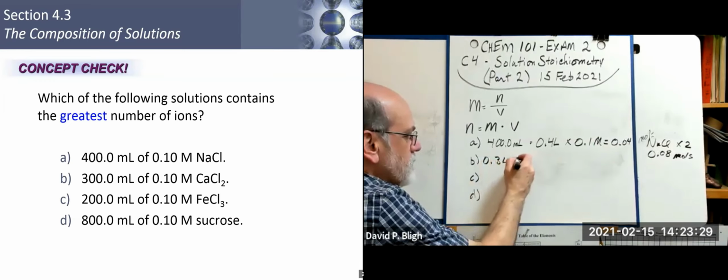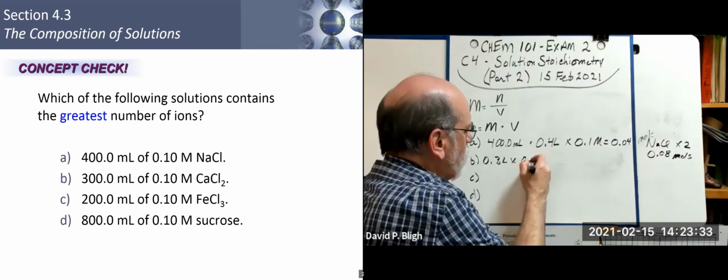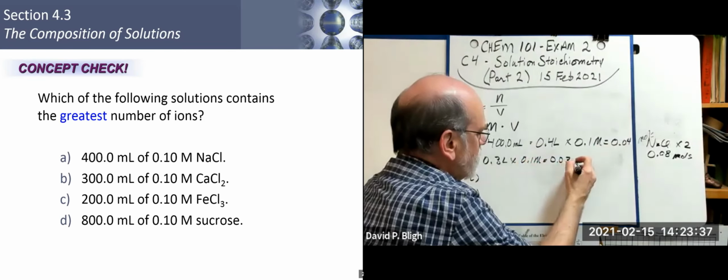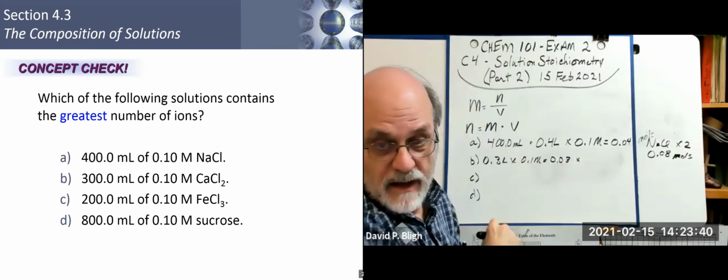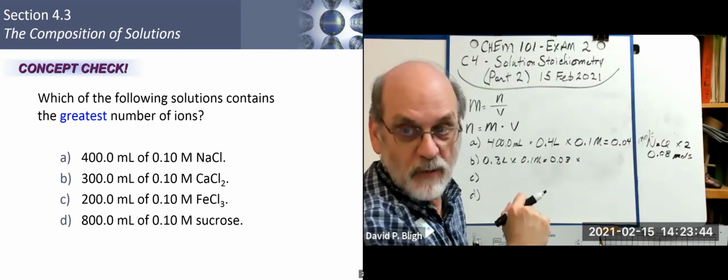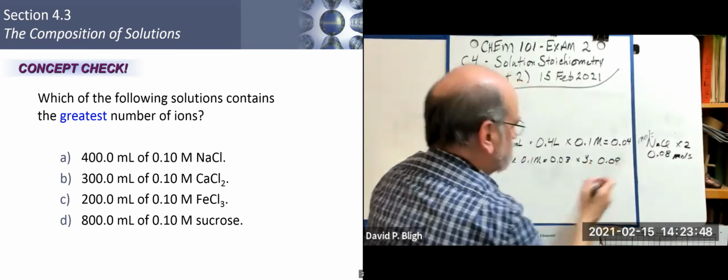0.3 liters times, oh, they're all 0.1 molar. So 0.1 molar, and that's equal to 0.03 times calcium chloride is 3 ions per molecule, 0.09.